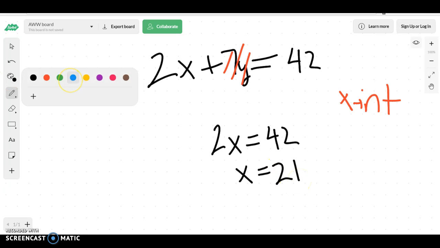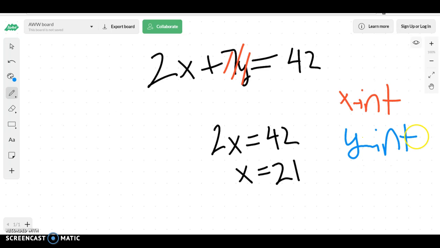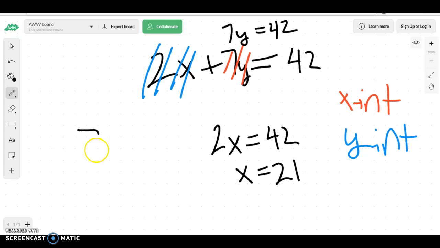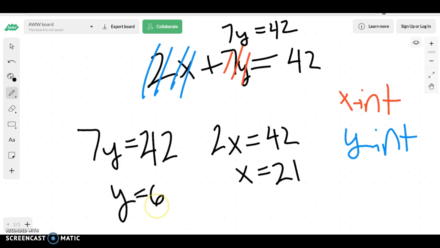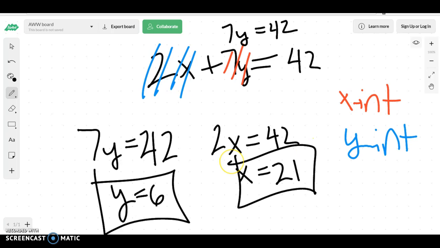I could do the same thing to find my Y-intercept. A Y-intercept means I have no x value, so I cover that up, and we have 7y is equal to 42, or y is equal to 6 when you divide both sides by 7. So that would be my X and Y-intercept.